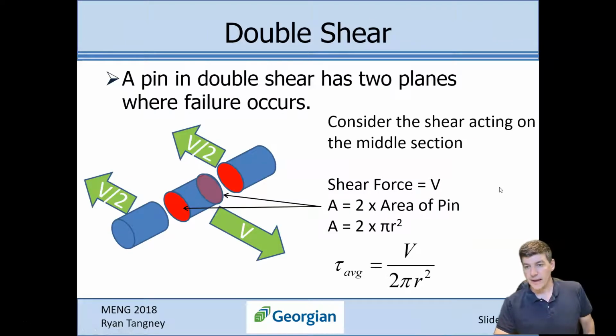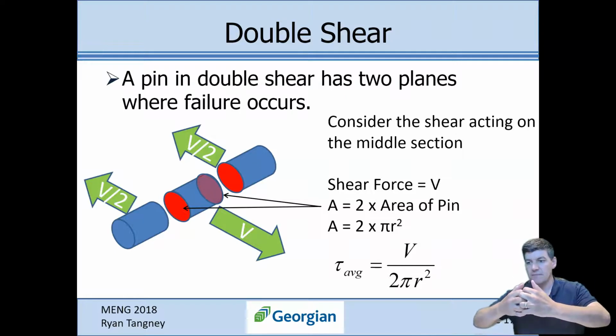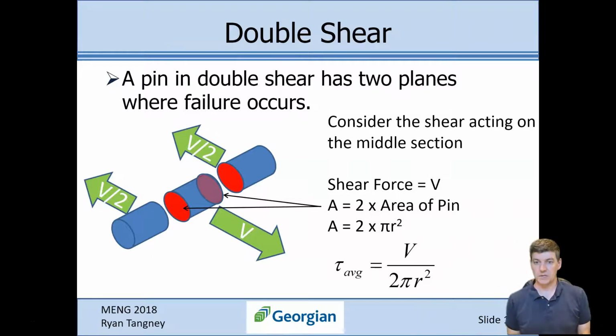We also could have fasteners that have multiple failure locations. Maybe we have a fastener that goes through multiple joints or sections, say in a hinge, and if it breaks in multiple places, then we're going to have multiple shear. Most common would be what we call double shear, so it breaks in two places.